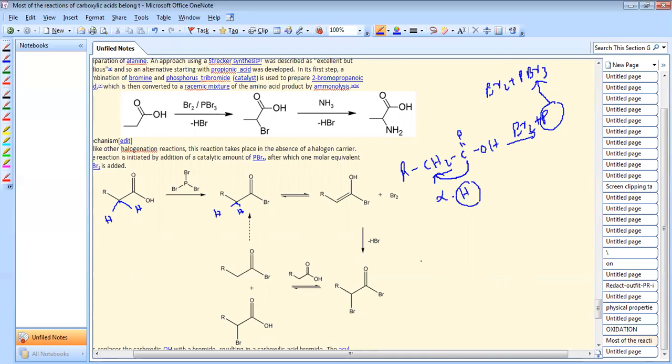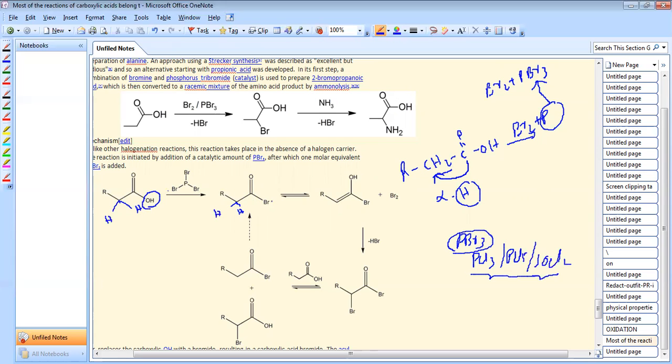I already told you that for chlorination reactions we can use PCl3, PCl5 or SOCl2. These three reagents are generally used for chlorination, and here instead of chlorine we are using PBr3, which is used for bromination. So here the OH will be replaced by bromine, and thereby we get this one.